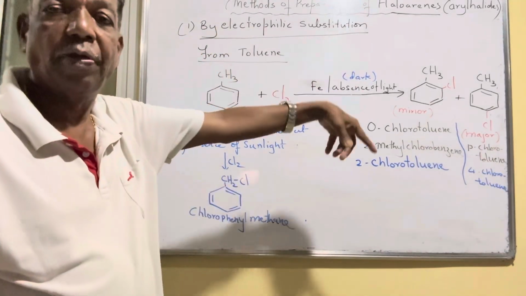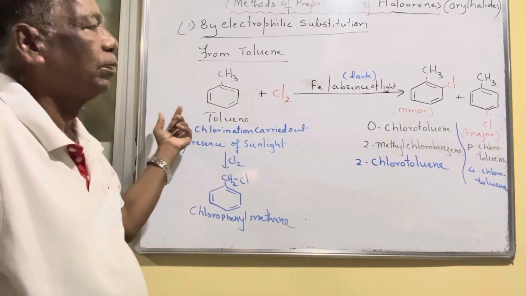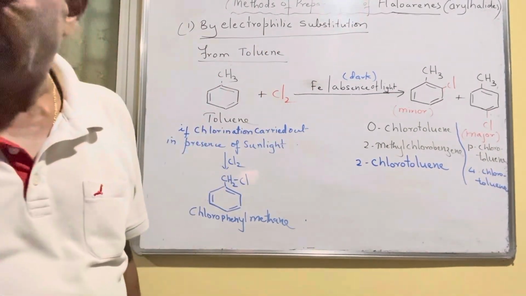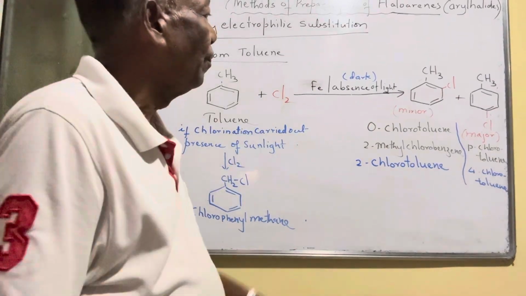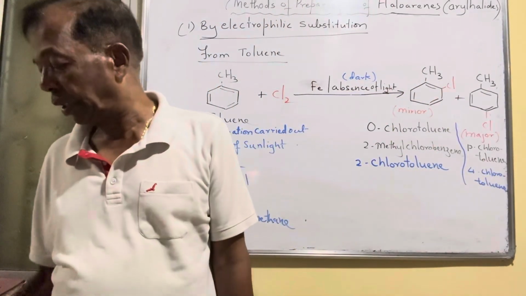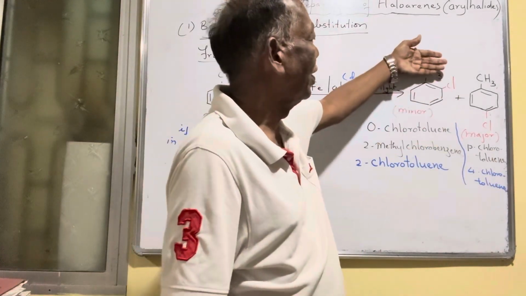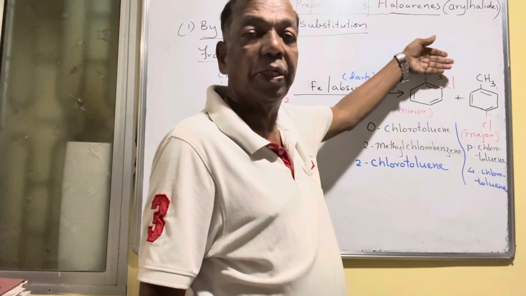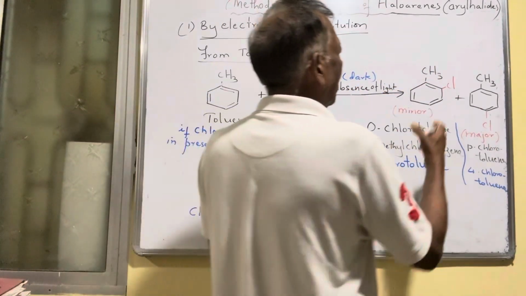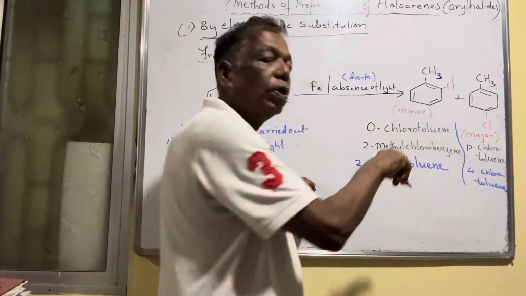So this is a method of preparation of aryl halide from toluene. Now this is a substituted aryl halide, remember, because this is chlorobenzene otherwise, and when I put a methyl group here, it is called a substituted aryl halide.